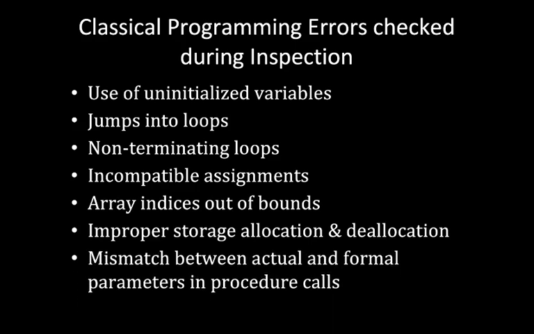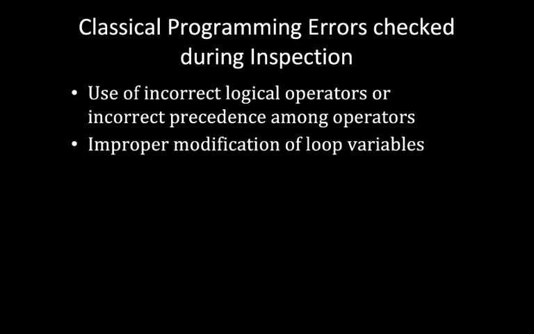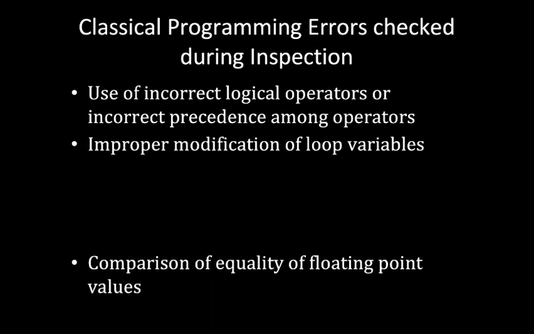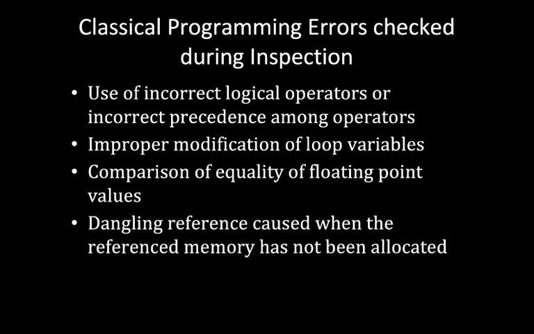actual and formal parameters in function calls, then use of incorrect logical operators or incorrect precedence among operators, then improper modification of loop variables, then comparison of equality of floating point values with some integer or something. Then dangling references, when the referenced memory has not been allocated.